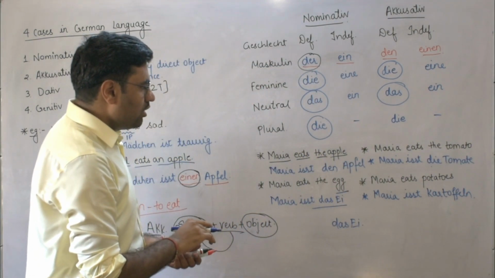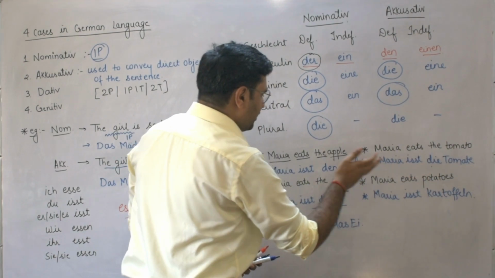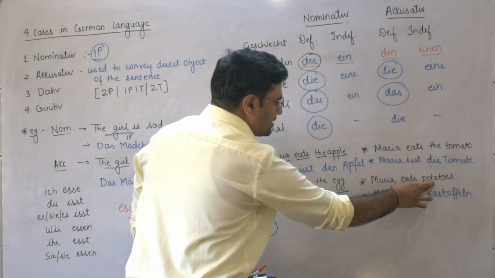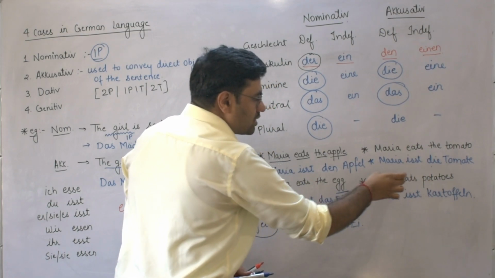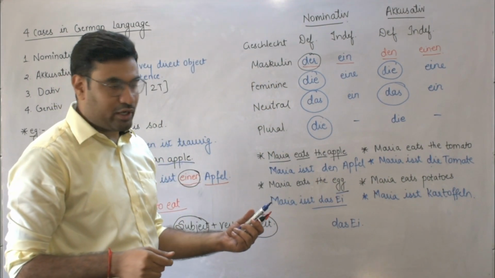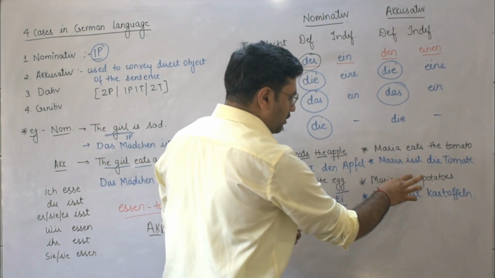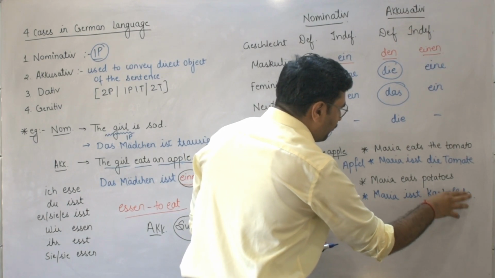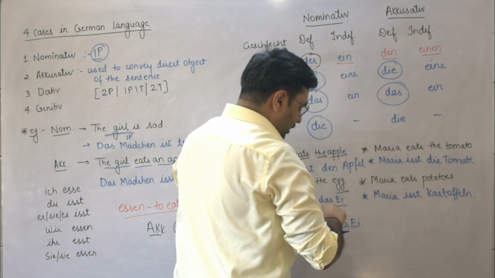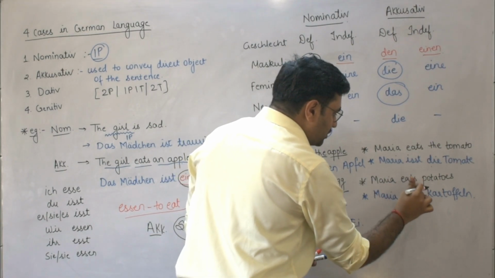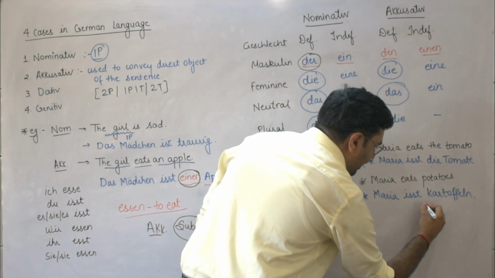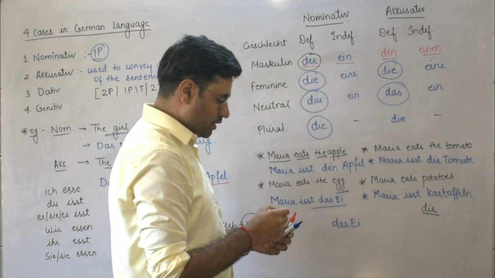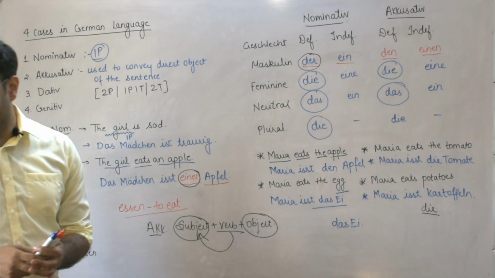For potatoes we are using the plural sense, so I cannot use a potato. If I write it in the normal simple sense, Maria eats potatoes, it's Maria isst Kartoffeln without any article. But if I write Maria eats the potatoes, I'll write Maria isst die Kartoffeln. This is the thing that I need to convey.